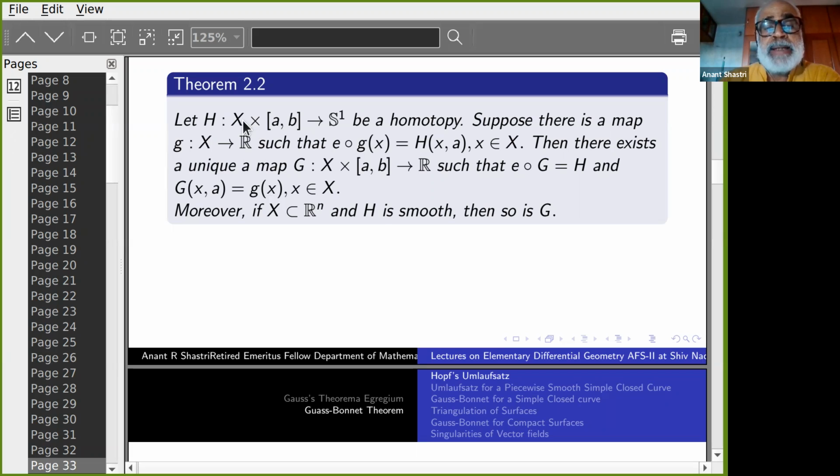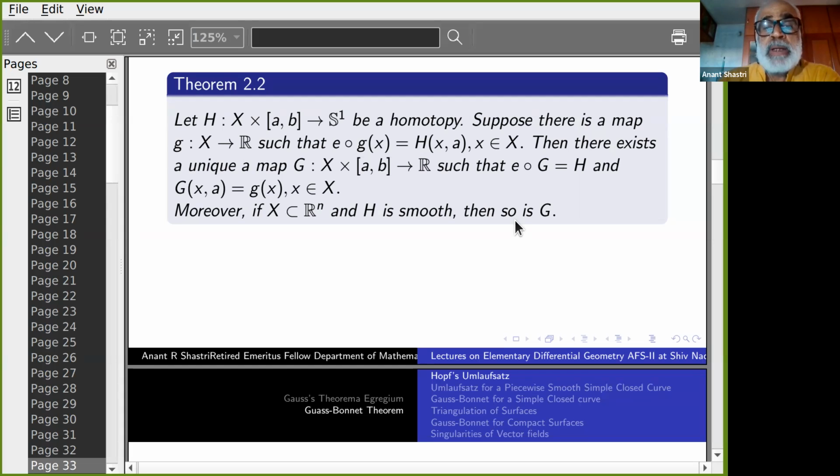For each (x, a), where x is arbitrary, G(x, a) has been given as g of x. That function gets extended to the whole of X cross [a, b], and E of that function is the given function H.